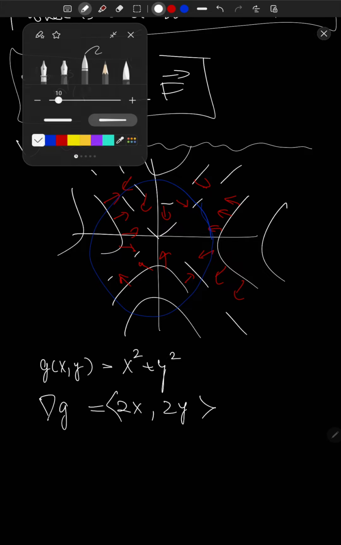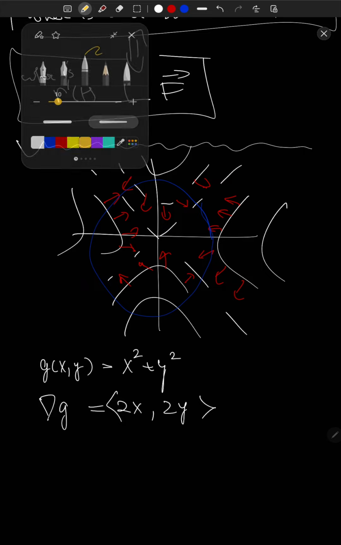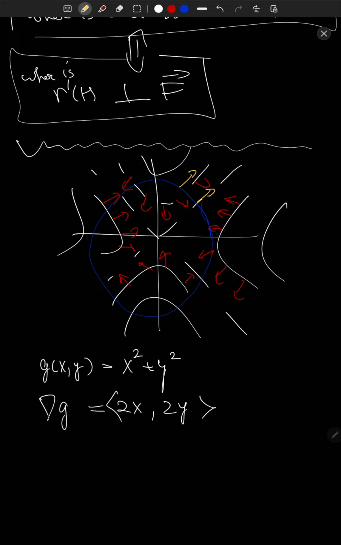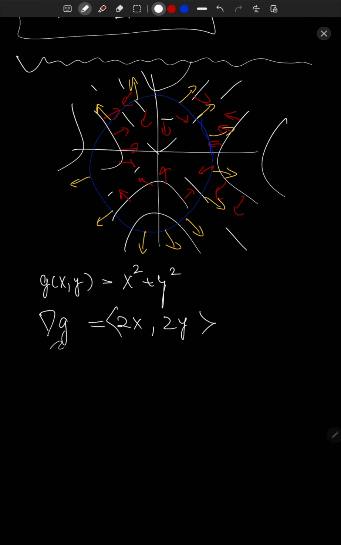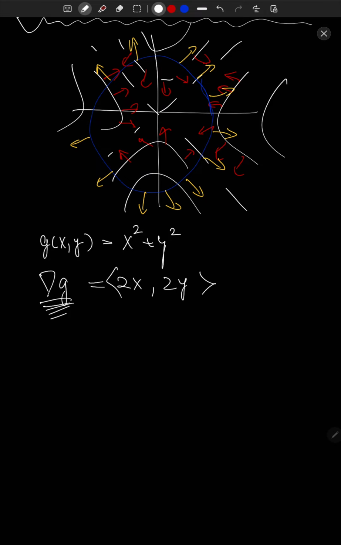In terms of a picture, the gradient of g would be vectors pointing out like that. Now the question of finding points where capital F is along the curve, or perpendicular to the curve, can be rephrased in terms of the gradient of g.